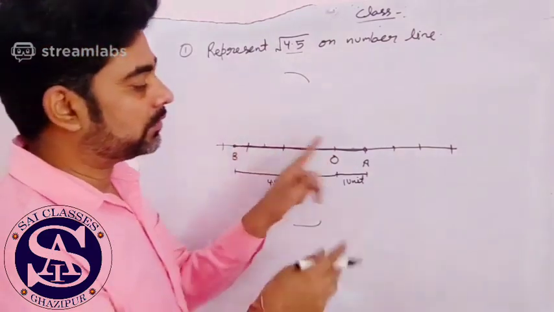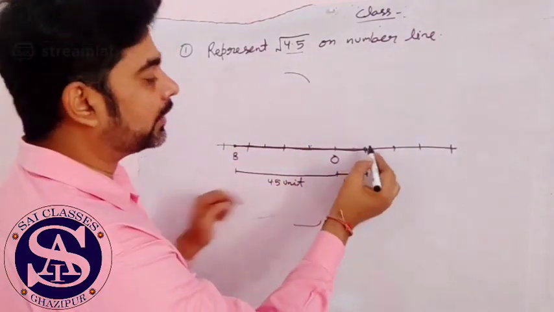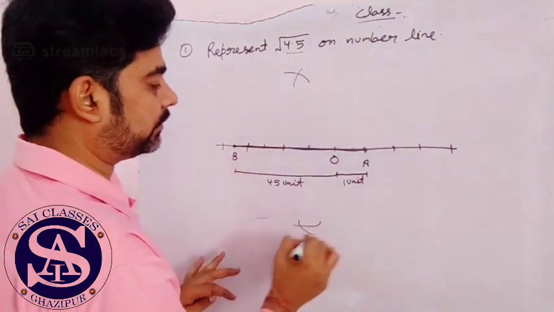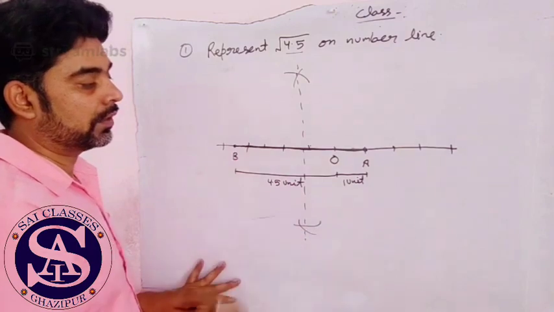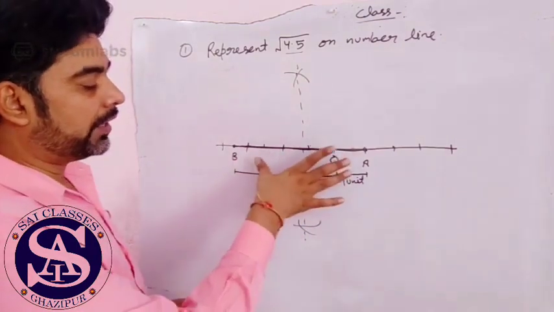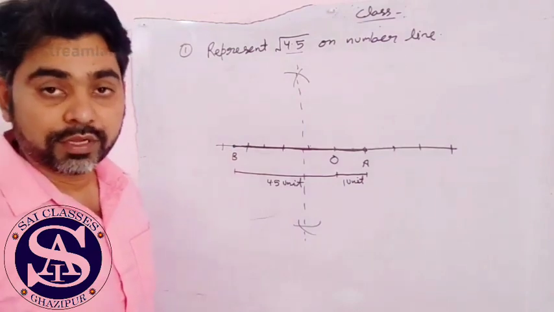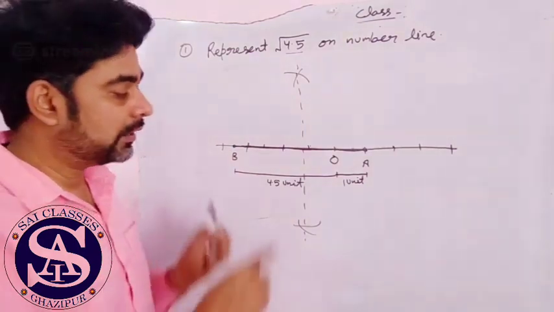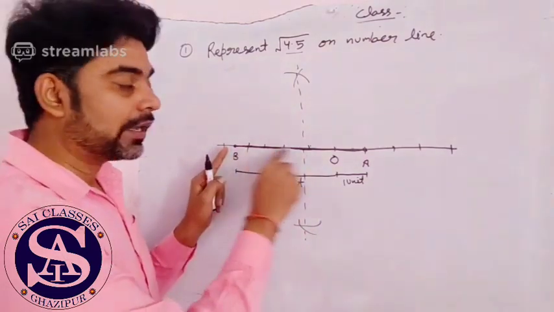With the same distance in your compass, take A as center and cut this line. Now if we join these points, we will get the perpendicular bisector of AB. Listen carefully, we have to bisect AB, not OB. We have to bisect AB.